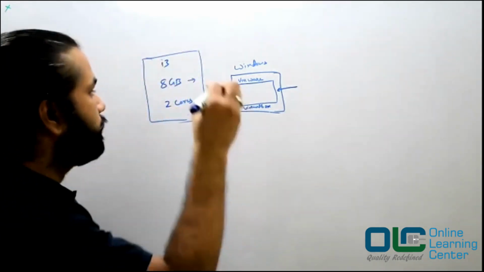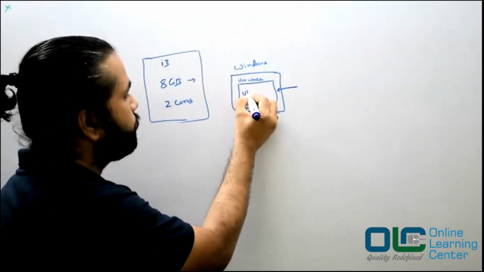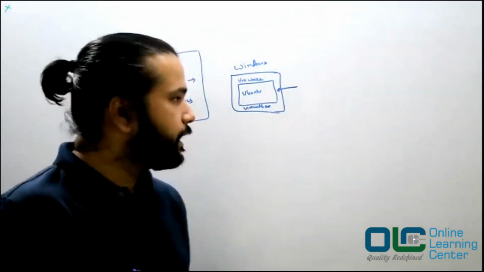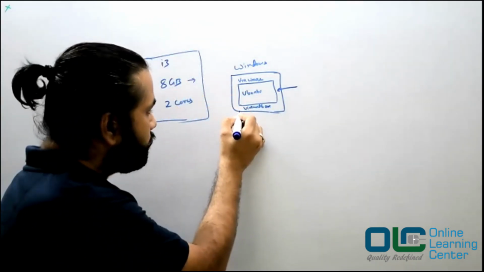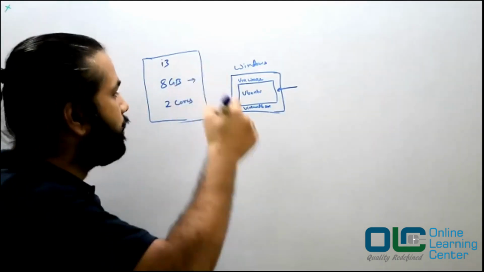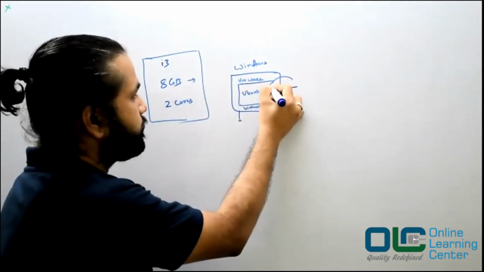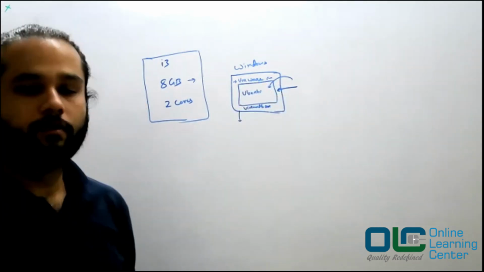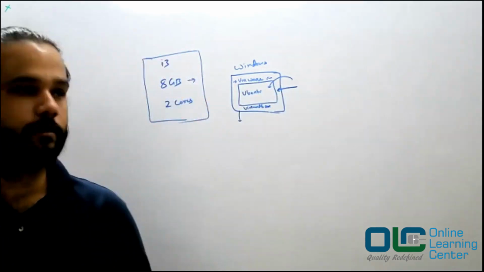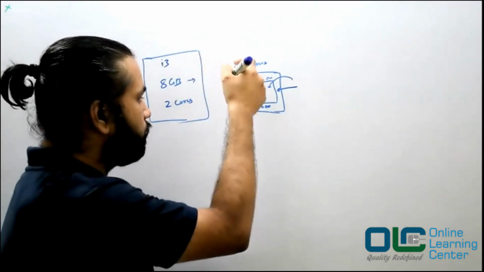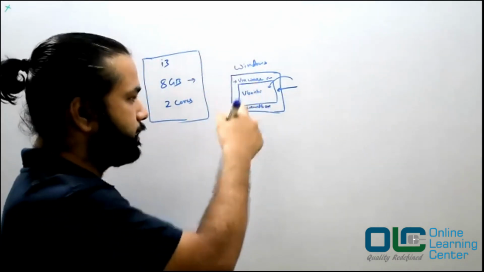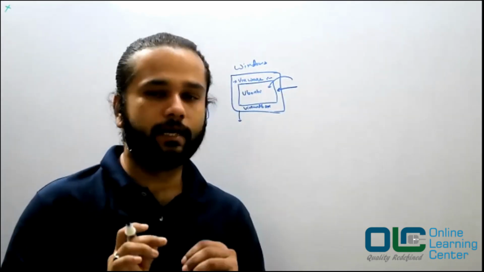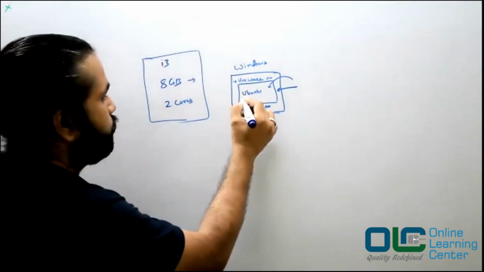Okay, and here what we will do is we will install Ubuntu. So it is something like, in your Windows operating system, I will install another operating system by the help of VMware Workstation. All right. Now, once you have Ubuntu inside this, now we will go inside Ubuntu and we will start installing Hadoop in it. Okay, so Hadoop will be installed here.